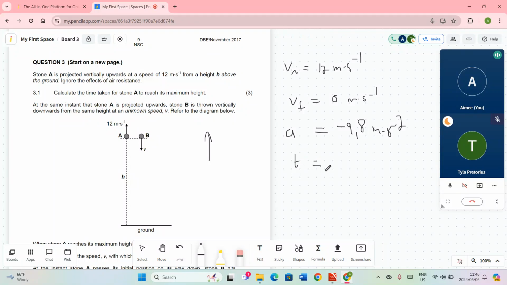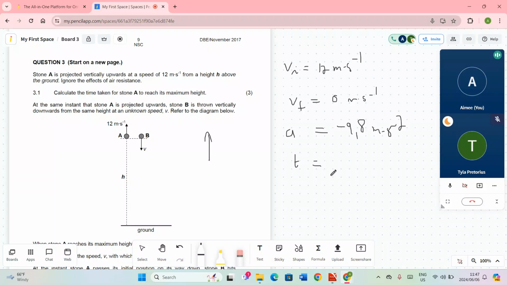Each of the motion formulas includes 4 variables. There are 5 motion variables overall: VI, VF, acceleration, time, and displacement. Each formula only includes 4 of the 5, which means you only need 3 variables to calculate the 4th. We have 3 variables and we're looking for time.